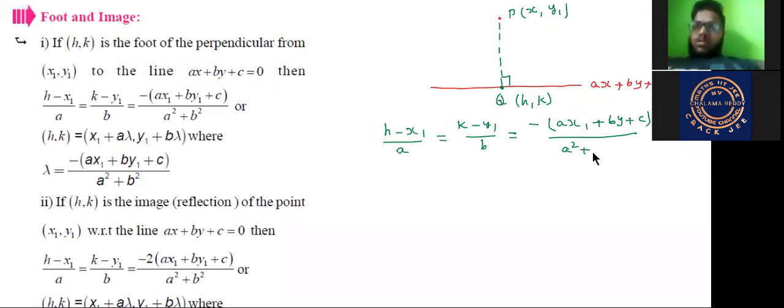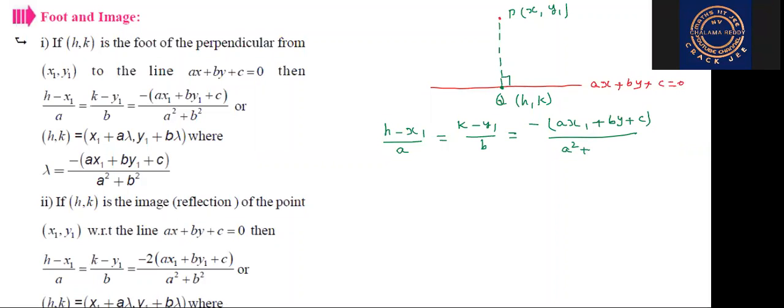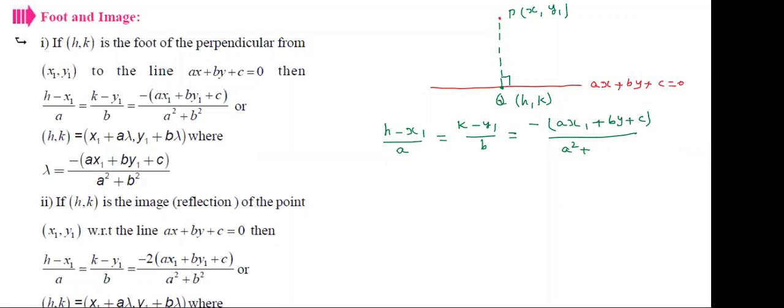This is the foot of the perpendicular formula. The denominator we get is a square plus b square. So h comma k is the foot of the perpendicular from the point x1 comma y1.